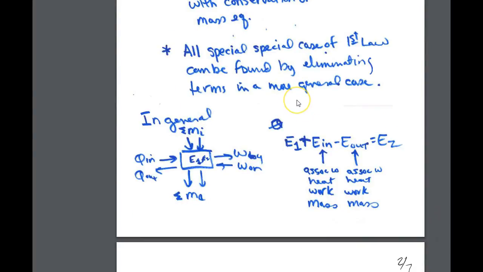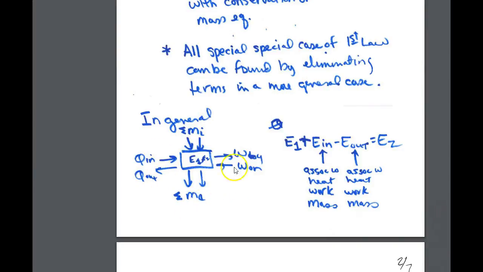So I'm going to start with two large cases of the first law of thermo, and then we eliminate terms in order to get down to a more specific case. So in general, if we have an open system, we have an energy in the system at time 1. We have some masses coming in, so that's subscripted m sub i. We have some masses exiting, subscripted m sub e.